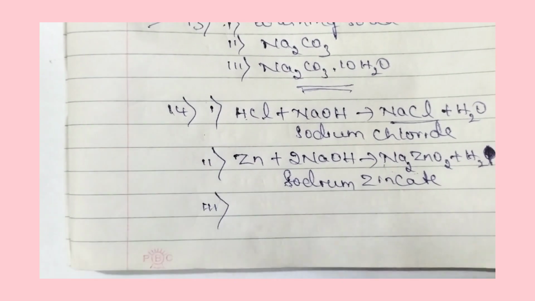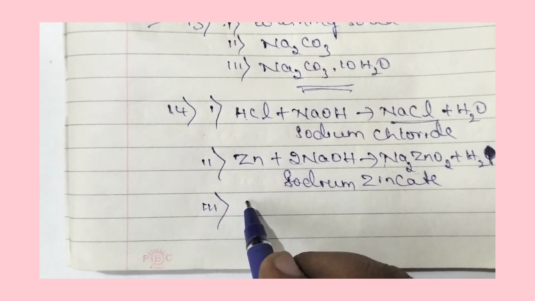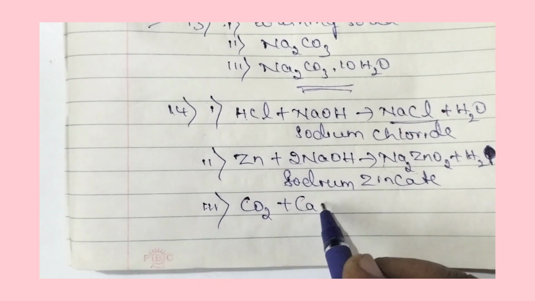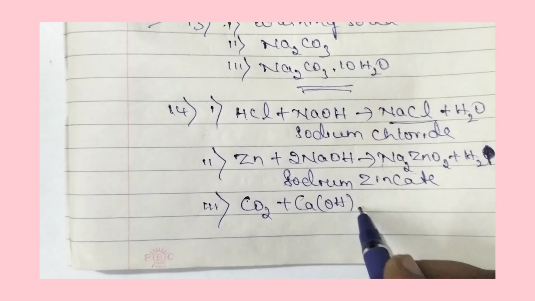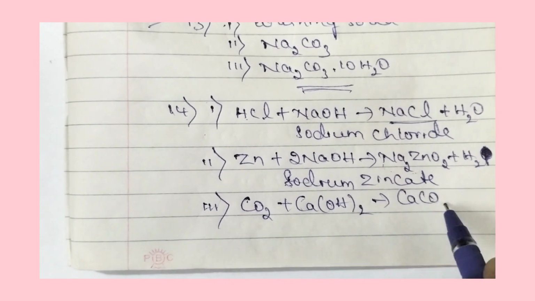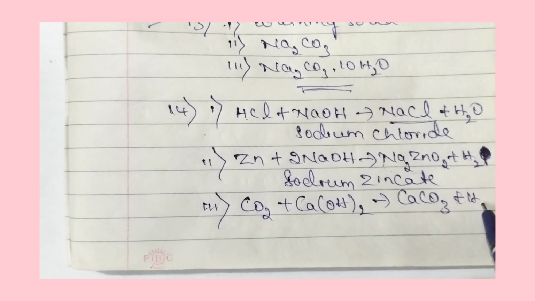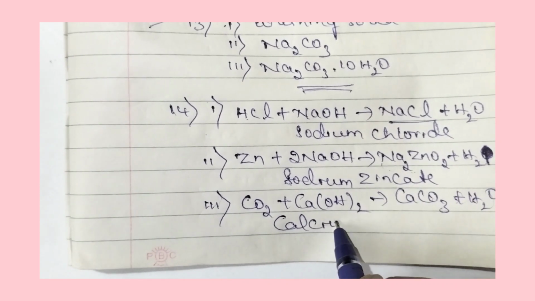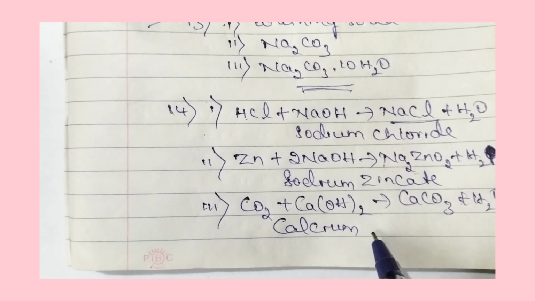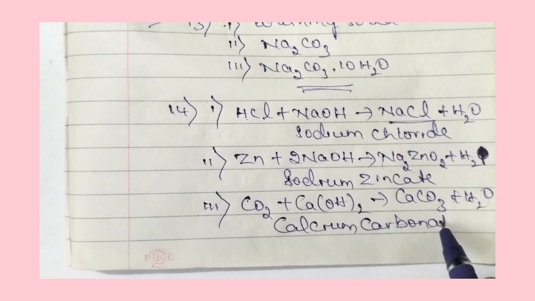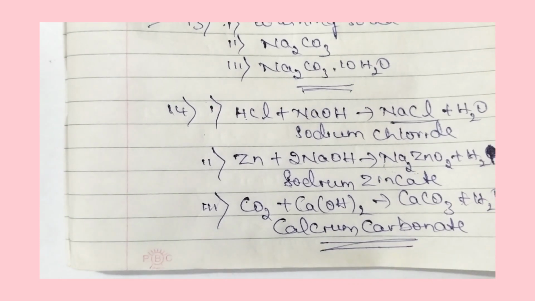Then the third reaction: what happens when carbon dioxide is passed into lime water? Carbon dioxide, when passed into lime water, Ca(OH)2, forms CaCO3 plus H2O. The CaCO3 forms a white precipitate that is insoluble in water, and it is calcium carbonate.